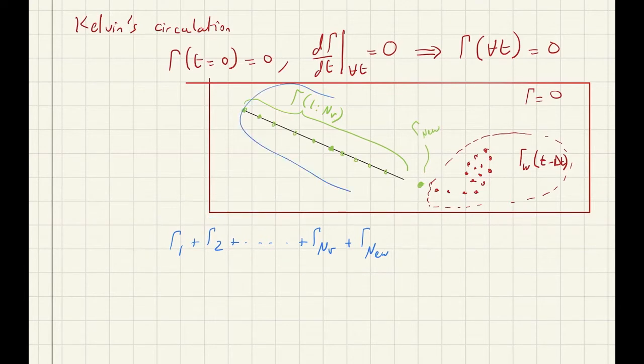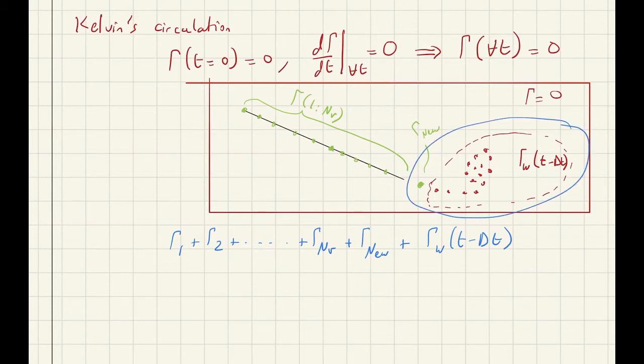All of this we know is equal to the shed wake. Well, we know that the circulation of the shed wake here is gamma of wake of t minus delta t, which means that at t, this is the wake. But in the earlier time step, before we shed this vortex, this was the wake.